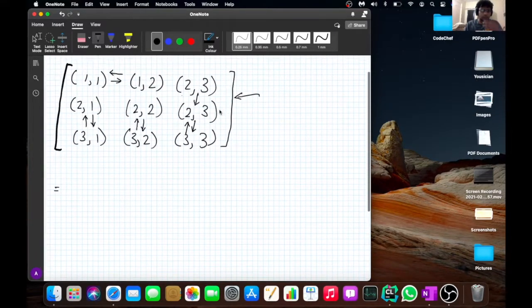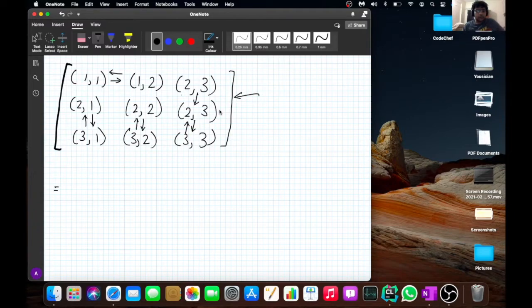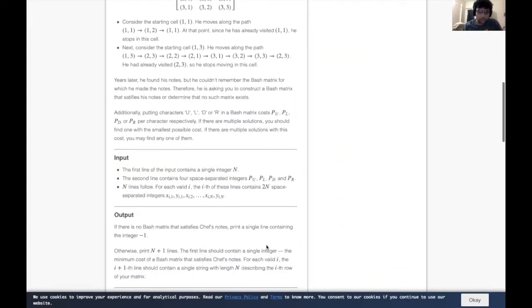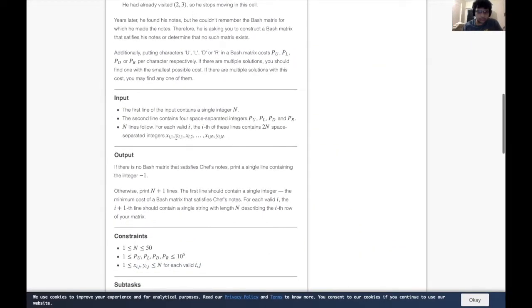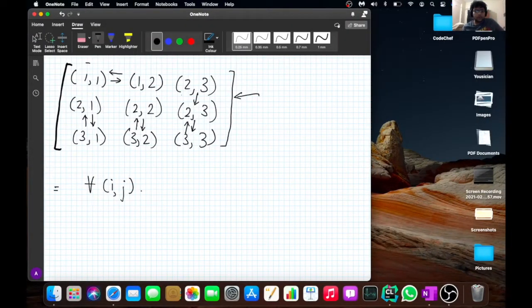cool. So now let's think about how we want to approach this. The first thing that we should notice is about nodes. So for all i j, where, let me see what this input matrix is called, it's called X. So for all i j where X i j is equal to i j, basically meaning that the final position of the node is the node itself.